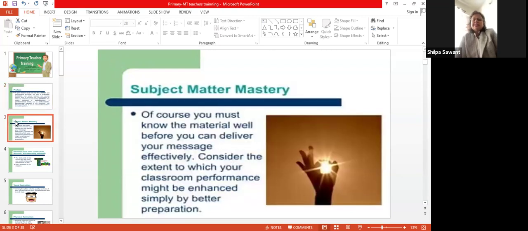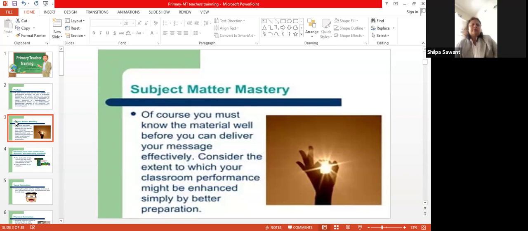Now the thing is about subject matter mastery. Teachers are all trained, they are all experienced, and they must know the material well, especially of any subject.